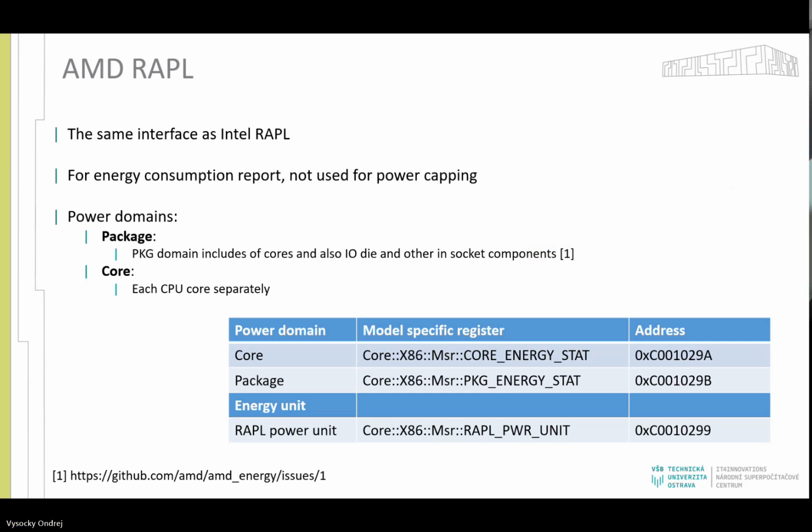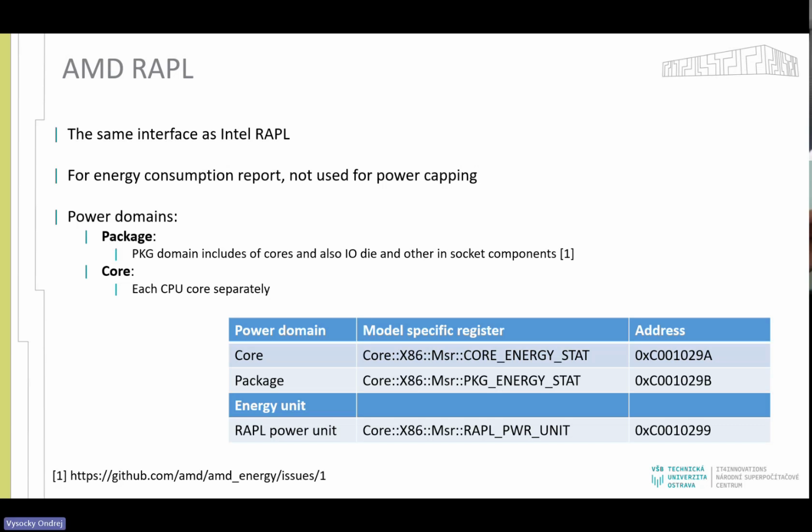AMD is using a similar or the same interface as Intel RAPL. However, in this case, it's only designed for measuring energy consumption. AMD has a different interface for power capping, and the power capping interface has its own energy measurement or power monitoring.